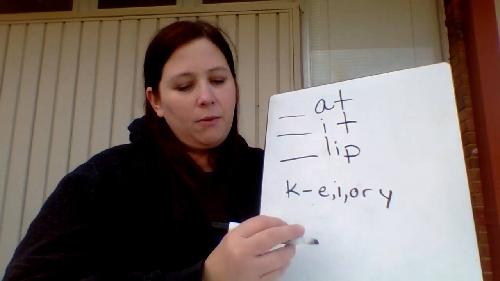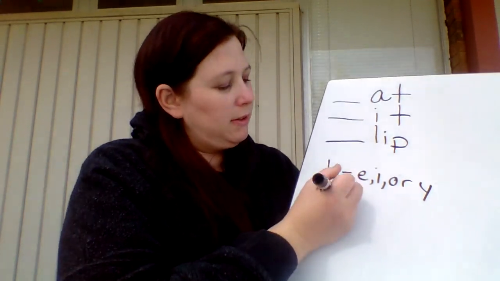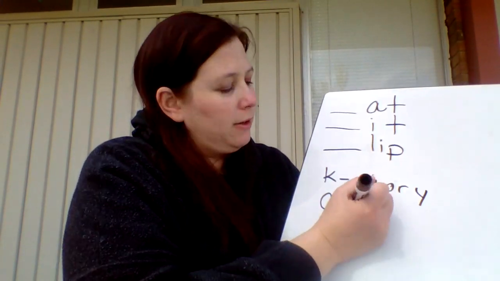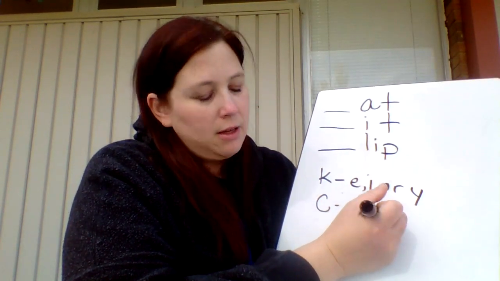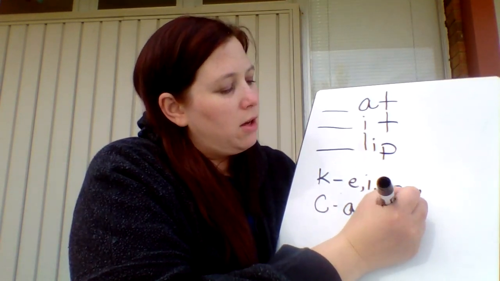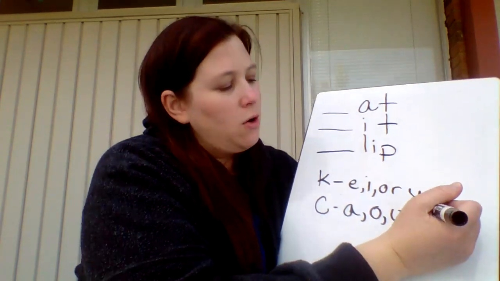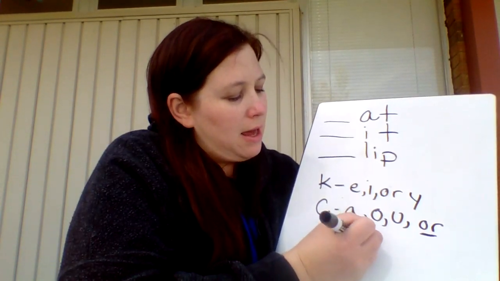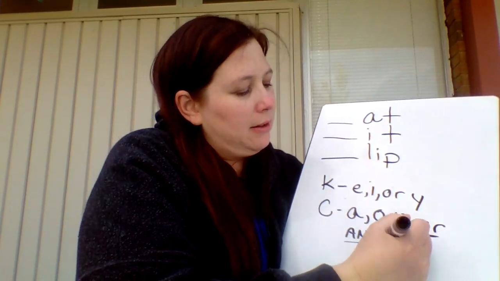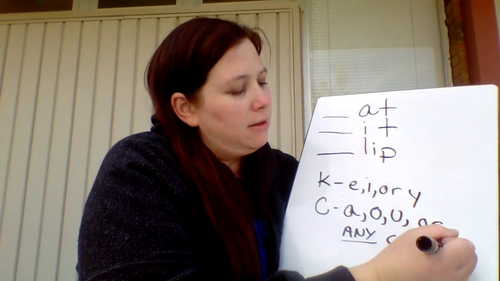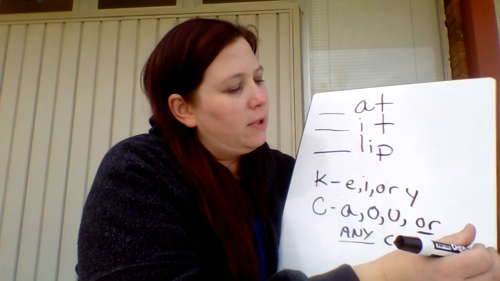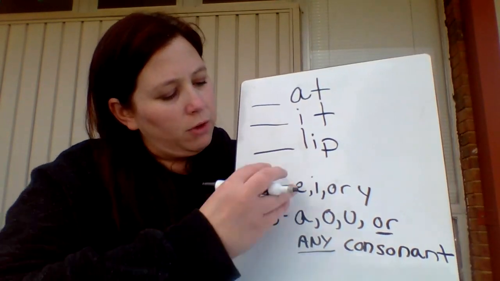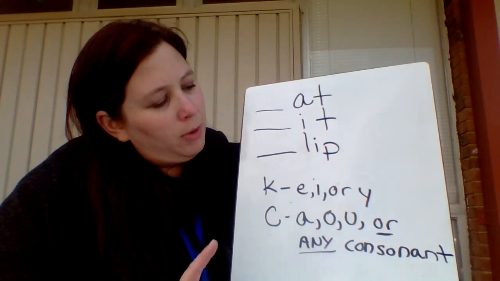And then if we're going to spell K with a C, it's when what comes after is an A, an O, a U, or any consonant. Consonants are all our letters that aren't vowels, remember? So this is going to be the rules that we follow. And I'm going to leave that up.